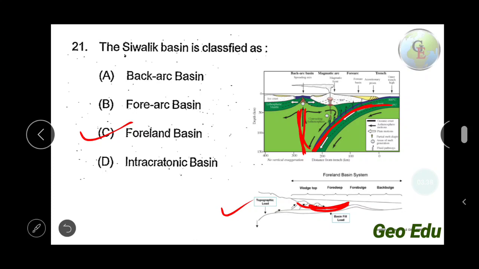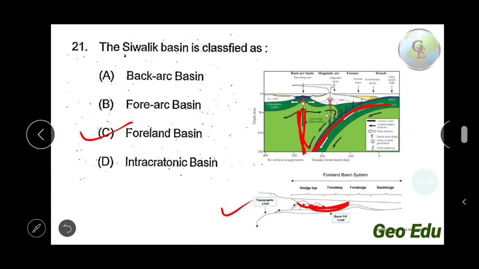Because of this magma, first thermal subsidence occurs, and then a rift valley tends to take place. After that, the whole Back Basin forms. Similarly, the Fore-arc Basin will be on the other side, on the trench side of the island arc.